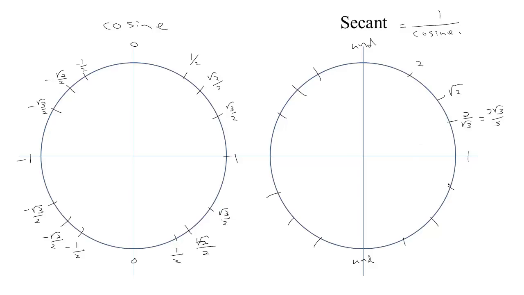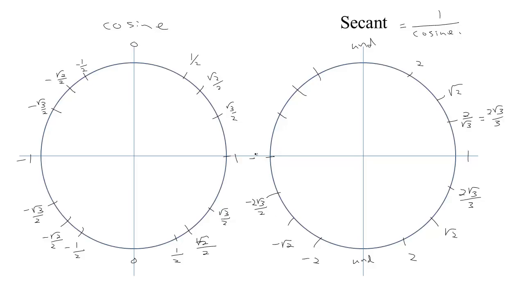1 over 1 is 1. And then we have, you can see this is 2 over root 3 again, so 2 root 3 over 3 again. Then root 2, and then the reciprocal of 1/2 is back to 2. And this is going to be negative 2 and negative root 2 and negative 2 root 3 over 3.